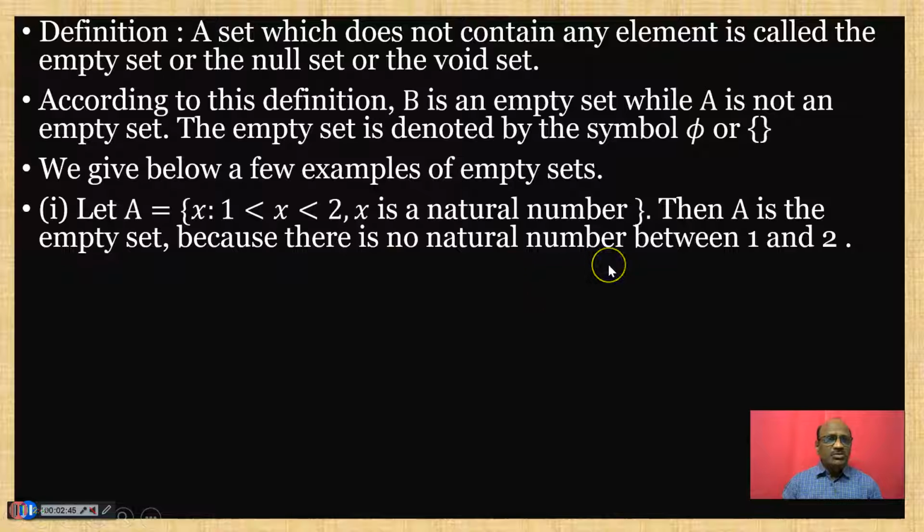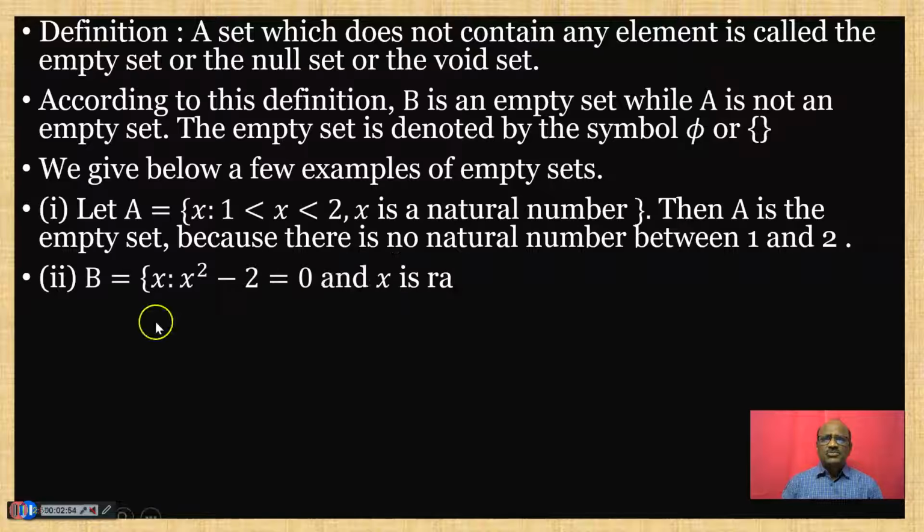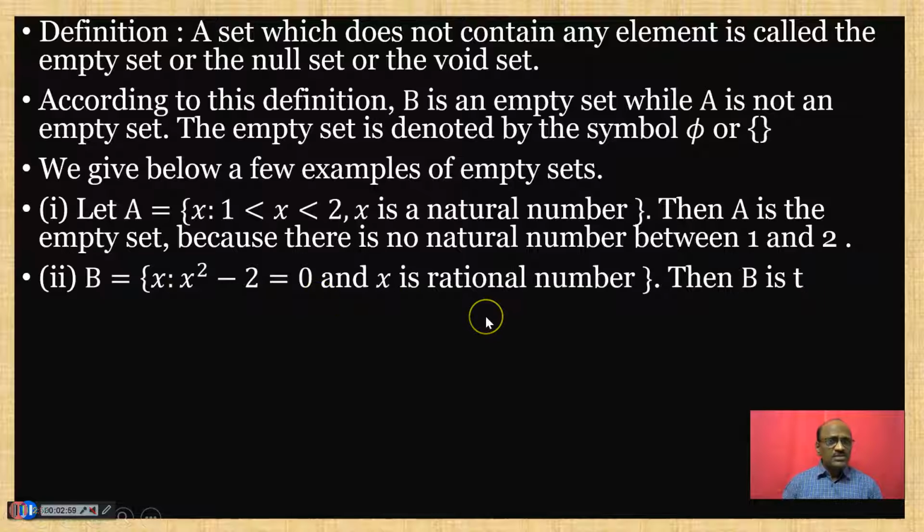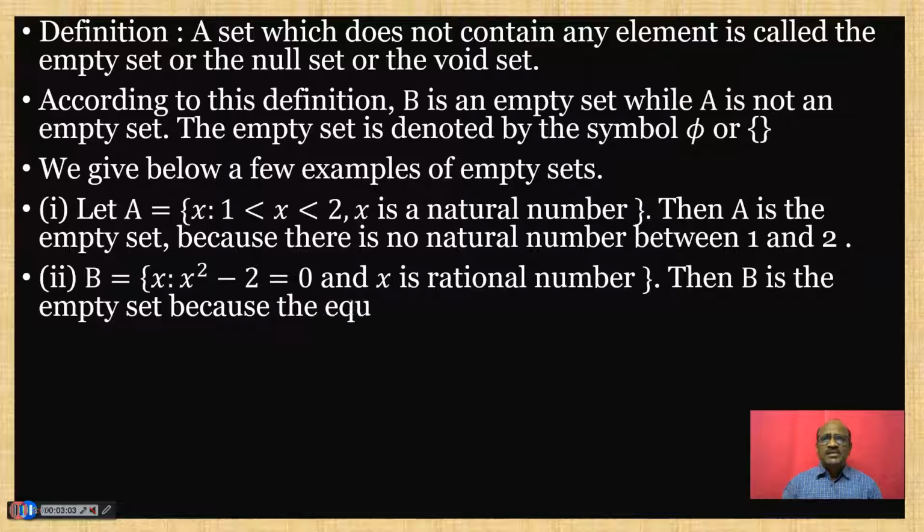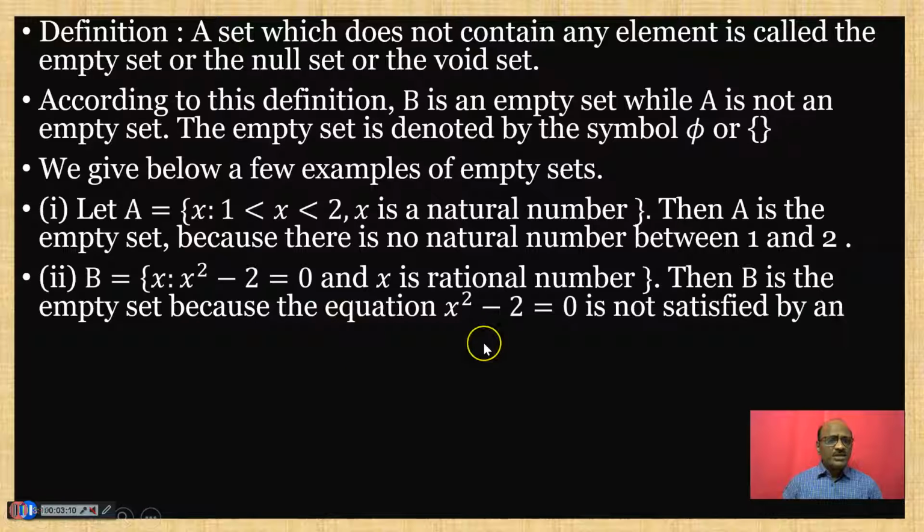Second, B = {x : x² − 2 = 0 and x is a rational number}. Then B is an empty set because the equation x² − 2 = 0 is not satisfied by any rational value of x.